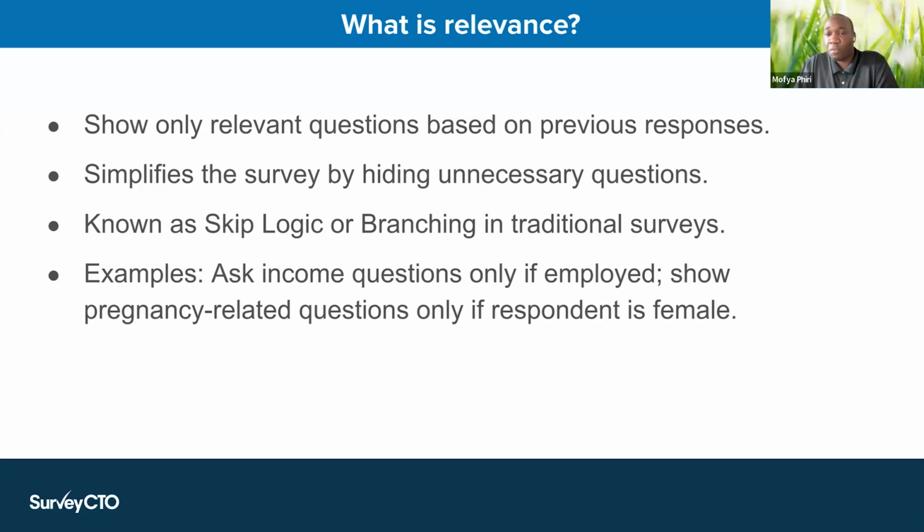By default, all the fields in your form are going to be relevant, but using relevance conditions is going to allow you to create a smoother and more engaging experience. So instead of cluttering the survey with unnecessary questions, relevance allows you to focus on collecting the most meaningful data for each and every respondent.